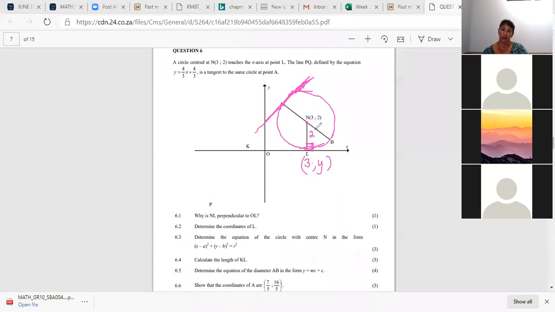So how could we find y? What is y here? It's on the x-axis, so it must be 0. Right? X is 3, y is 0. Radius is 2 for what it's worth.